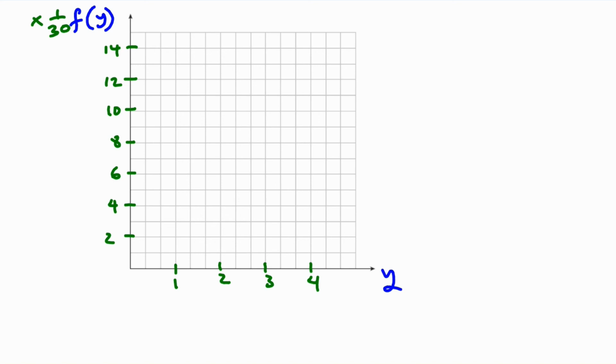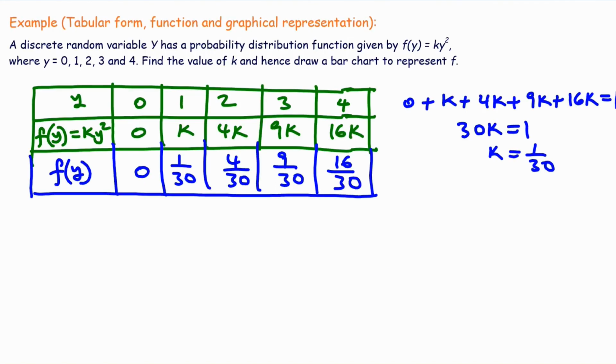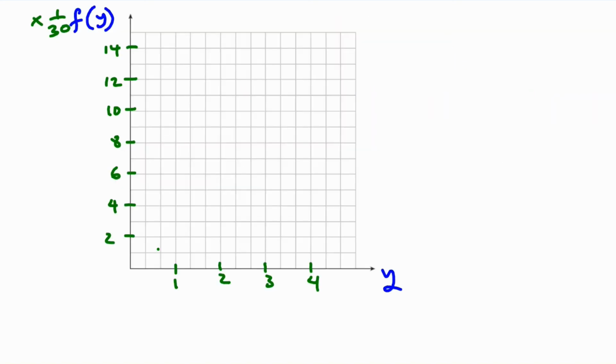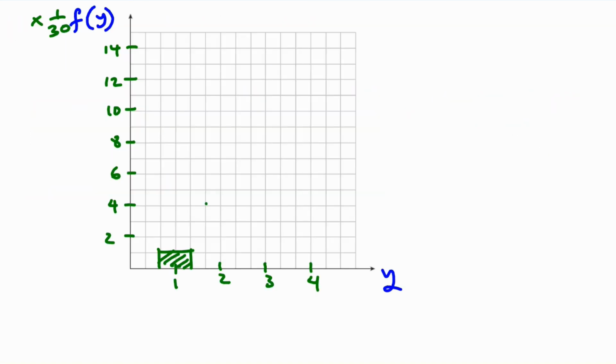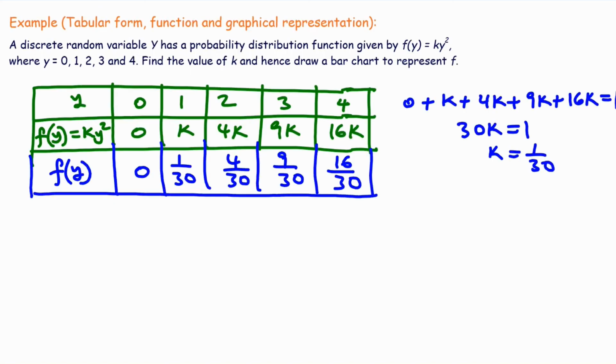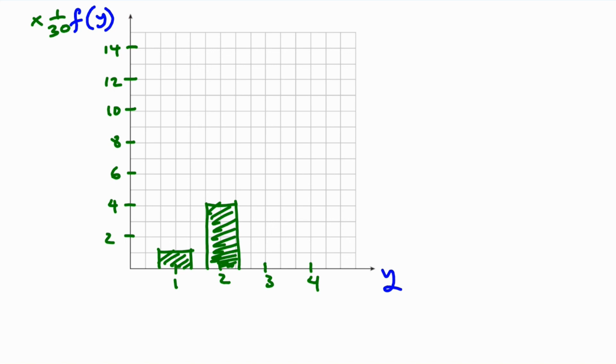For example, if you go back here, we can see that 0 is just 0, so that's fine. 1 will go up to 1, so that will just be up to there. Then 2 goes up to 4, so it goes up to 4 like that. And then 3 goes up to 9, so all the way up to 9.